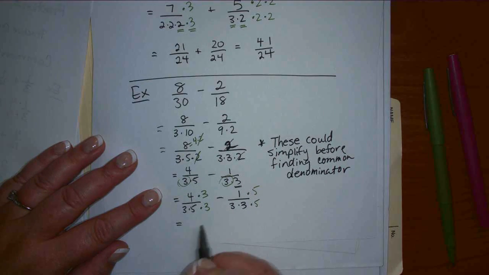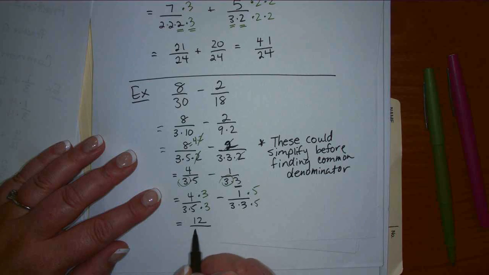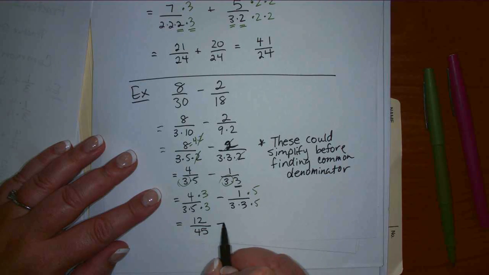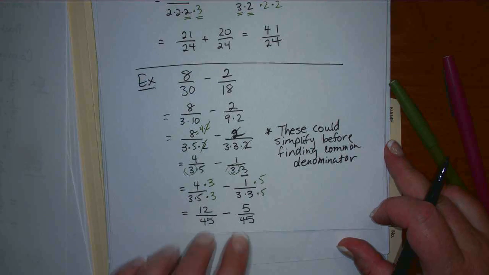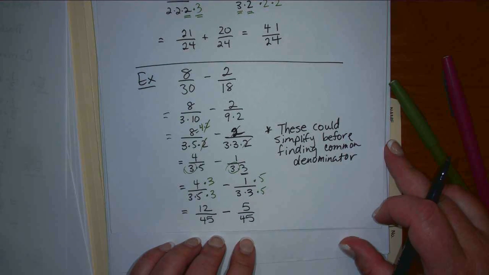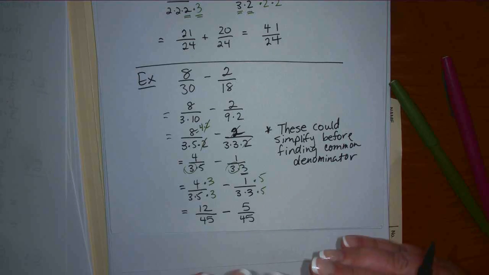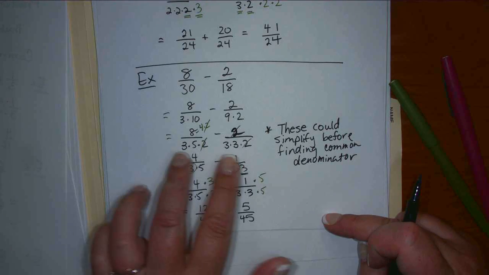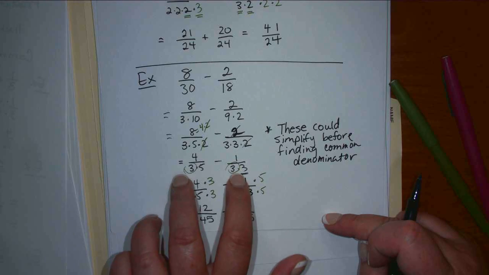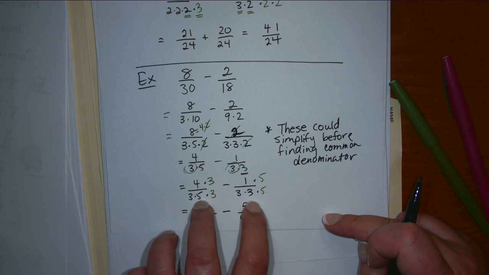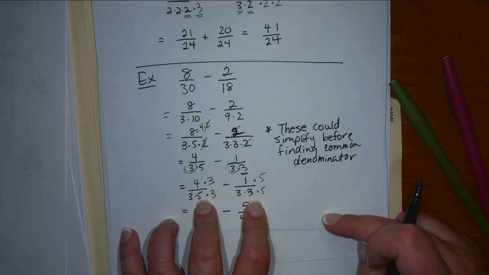So what do we have here? 12 over 45 minus 5 over 45. Now, don't simplify these. You want to keep the common denominator. They're not simplest, but once you put them together, then you can simplify. So we can simplify individually before we start, if they weren't in the lowest form. But once you put that common denominator in, don't accidentally simplify it, because then you're going back to where you started.